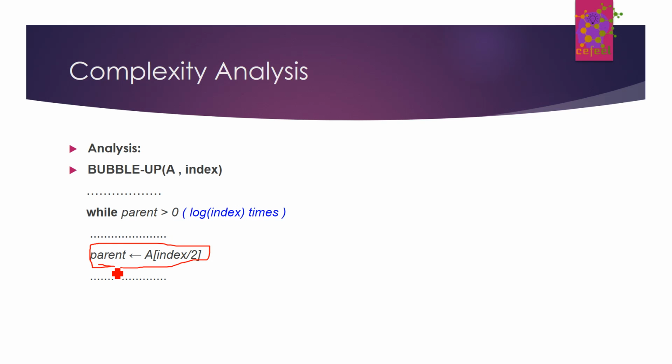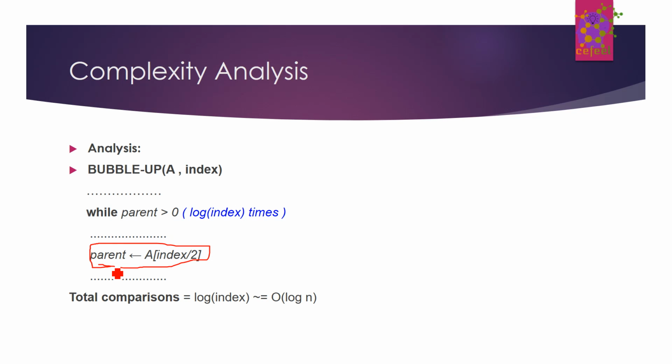Now because in this case it's not a linear decrement, it's actually in a logarithmic decrement. The number of steps the bubble up takes is actually log index, so which we can say is log n.